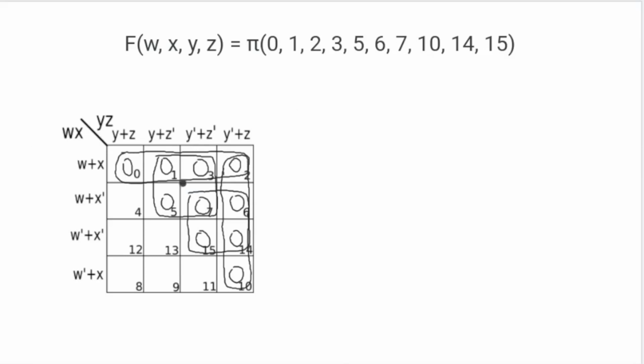So quad 1 is our horizontal quad, so we'll say quad 1. We'll identify the quad, we'll say M0 dot M1 dot M2 dot M3. And this quad will reduce to w plus x because other variables on the top are changing their state. So this will be w plus x.